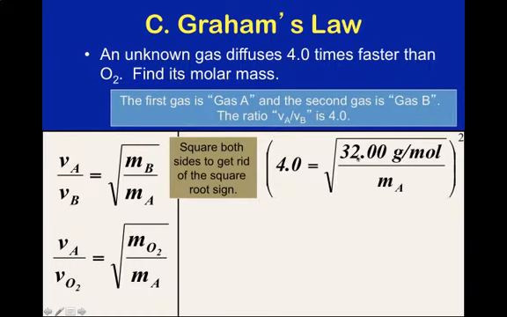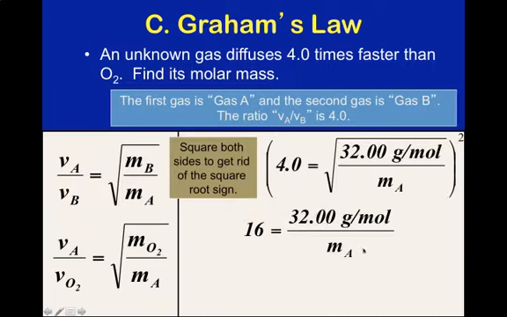Now we're going to solve this. We have to get rid of the square root sign because our unknown is in the square root. We do that by squaring both sides. So we get 16 is equal to 32.00 grams per mole, which is the molar mass of oxygen. Remember, oxygen is a diatomic gas, over the mass of gas A. Now we need to get gas A by itself.